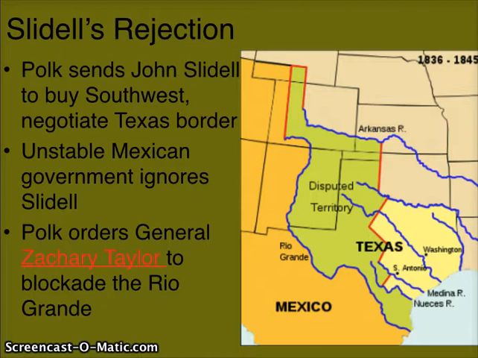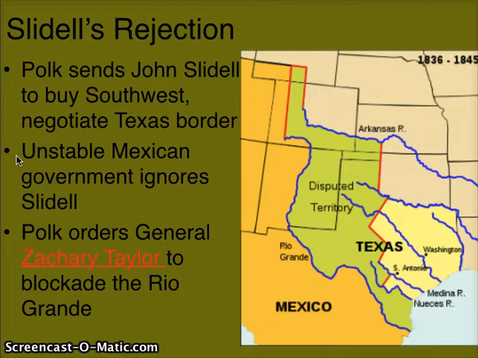Polk ends up sending an American who is able to speak Spanish, John Slidell. He sends him to the Southwest and is trying to negotiate at the Texas border. So he is actually going to Mexican territory and trying to say, hey, we want this land, we will pay you for this land.